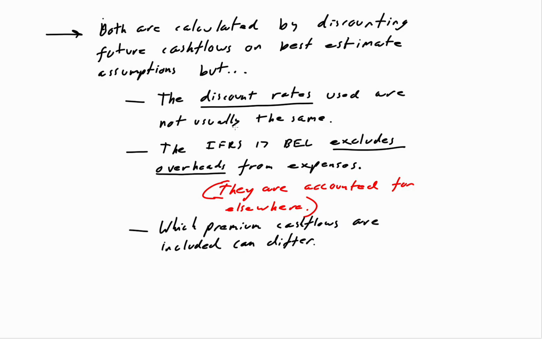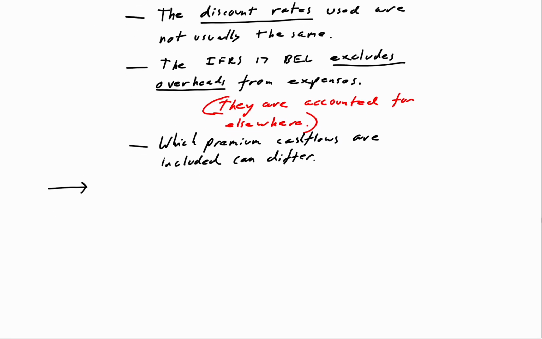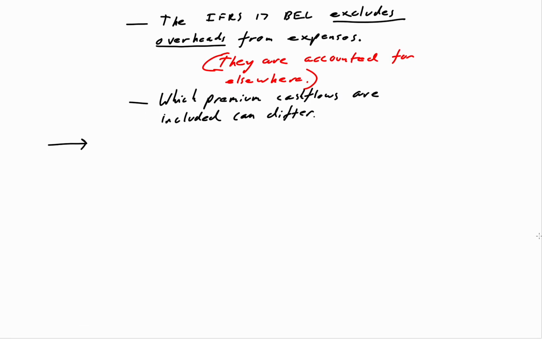So all three of these things together, the discount rate, the exclusion of overheads, and which premiums are included, can all lead to the IFRS 17 calculation of the best estimate liabilities being different to the Solvency II calculation, even though BEL is the same acronym for both. So just watch out for that. I'll add something else you should be aware of if you're reading through IFRS 17 material.